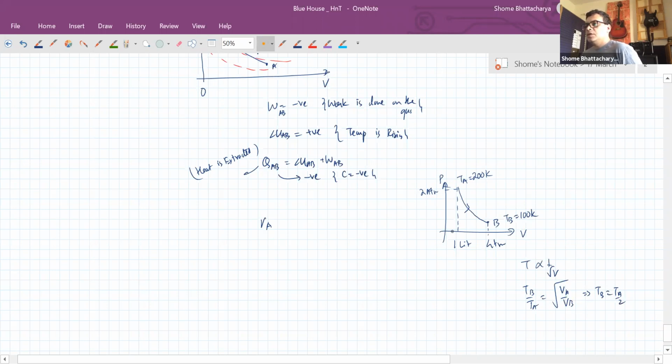That means pressure at B will become what? Temperature has become half and volume has become 4 times, so pressure will be 1 by 8 of the initial, so 0.25 atmospheres.